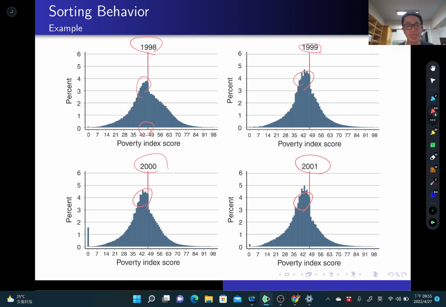And these people may have very different characteristics compared to the people right above the cutoff. For example, they might be lazy, or they just want to stay at home. They don't want to go earn money. That's why they have a very strong incentive to receive the cash transfer. So in that case, the two groups of people around the cutoff are no longer comparable. Okay. So you cannot use the RD design to examine the causal effect.